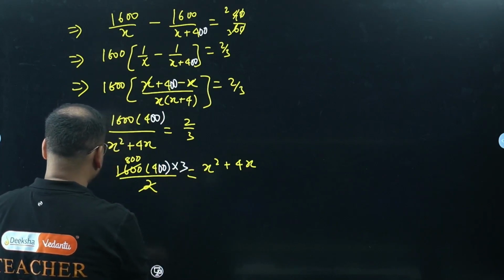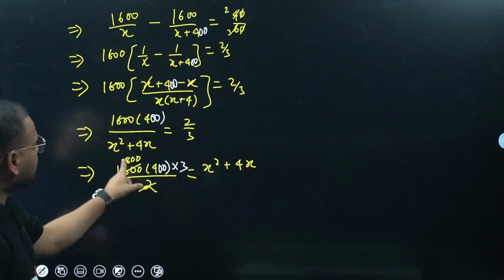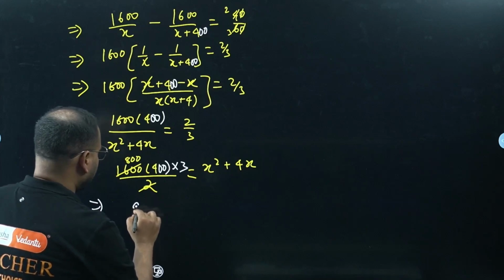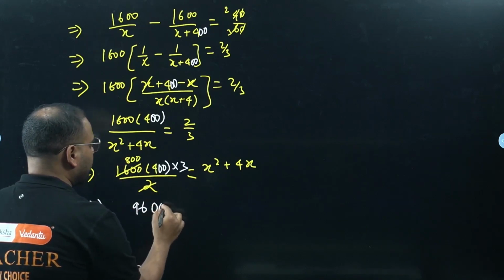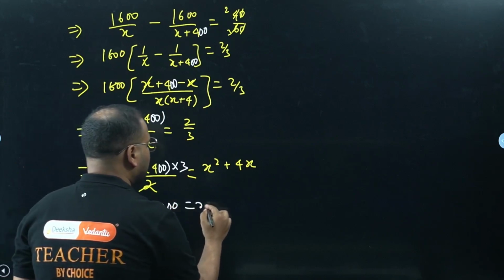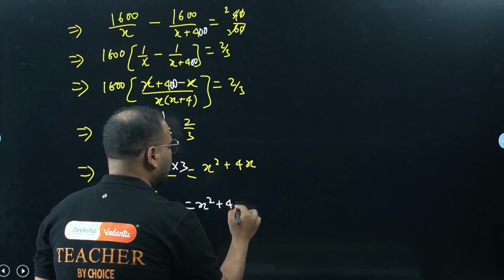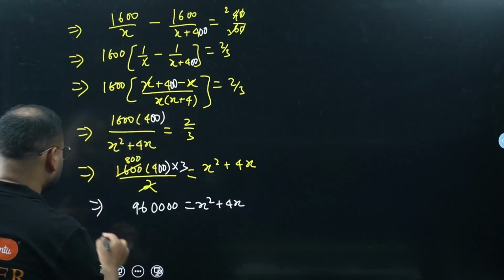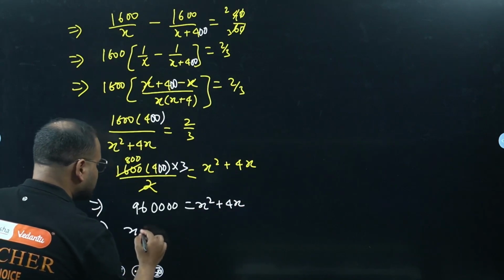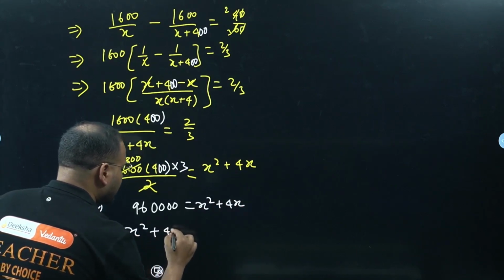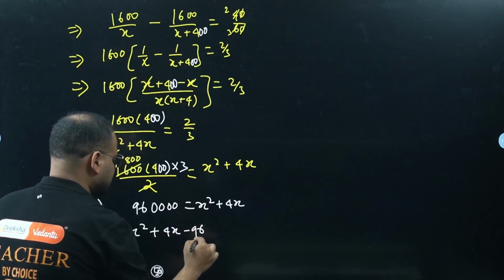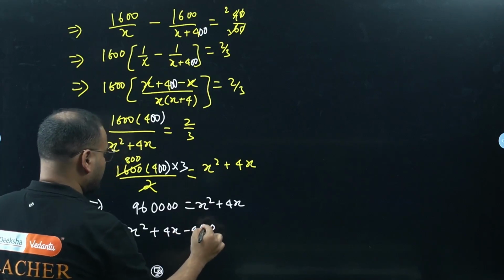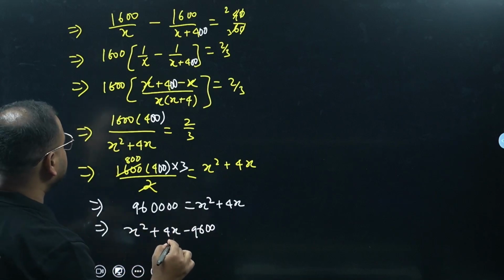So what is my answer over here? 4 threes are 12, 12 times 8 is 96, and how many zeros? 2 here, 2 there, so 4 zeros equals x square plus 400x. From the quadratic equation we get x square plus 4x minus 9600.